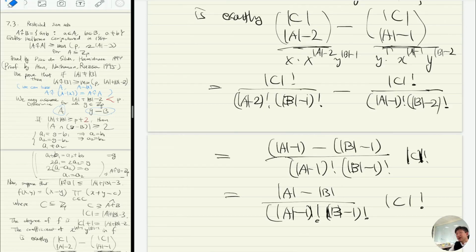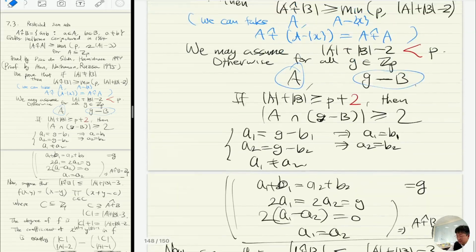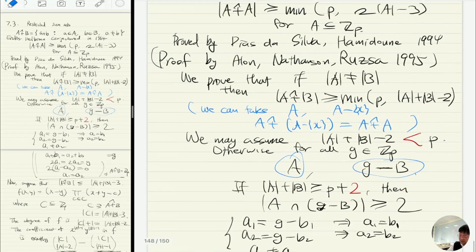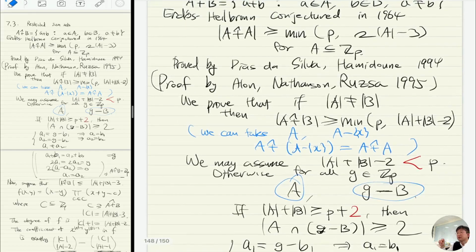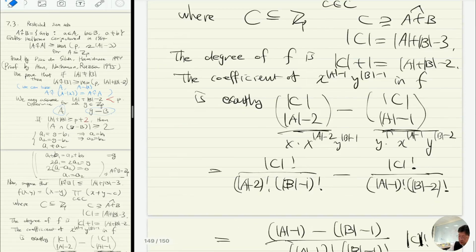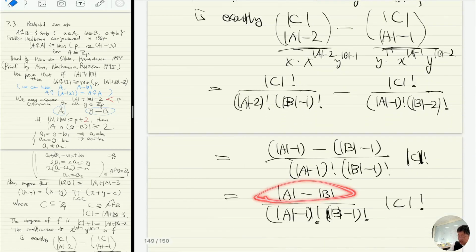Now we know that the size of A is different from the size of B. So a minus b is not a multiple of P. And the size of C is a plus b minus 2, and this is less than P, right?